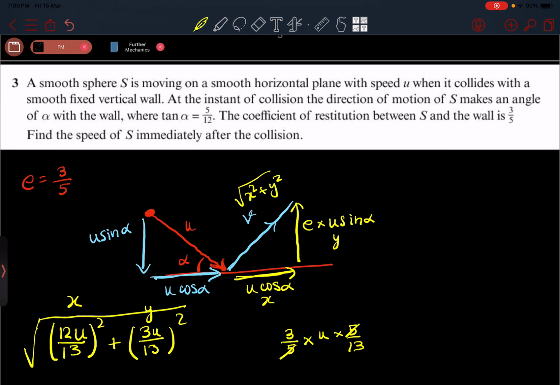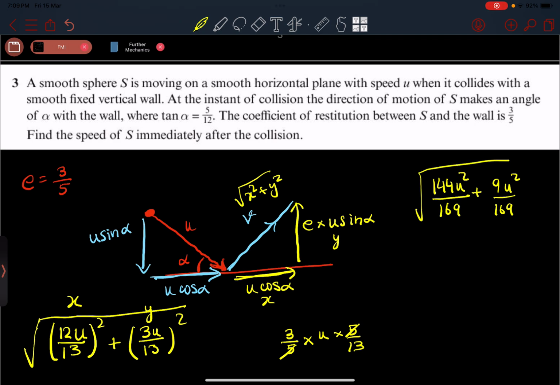Squaring them, we will have 144 u squared over 169 plus 9 u squared over 169, square root that. So you will definitely get square root 153 u over 13.